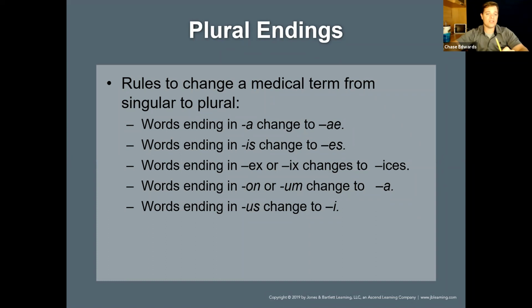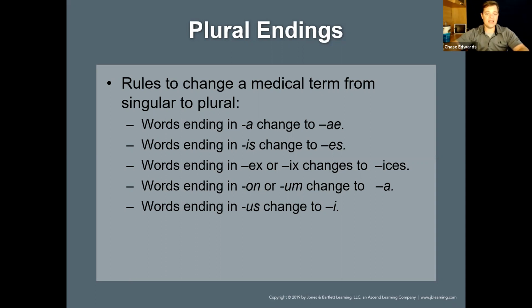Singular words ending in ON or UM change to A. So for example, we talk about a ganglion, like a ganglion cyst. Now it becomes ganglia. Okay, ganglia.